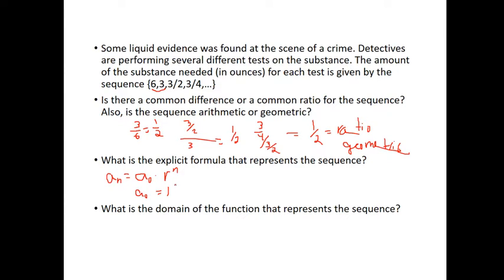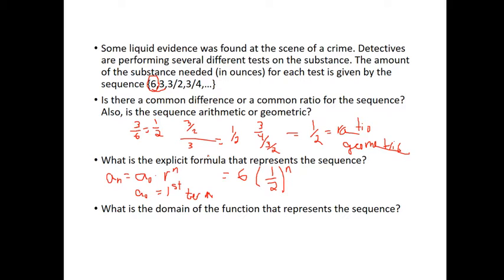So this is going to become 6, because 6 is my first term right here, times the ratio, which is 1/2, to the power of n. So this will be an explicit formula that represents the sequence.